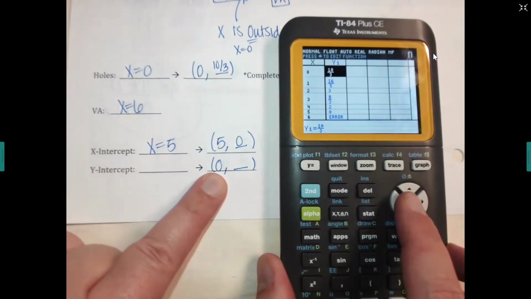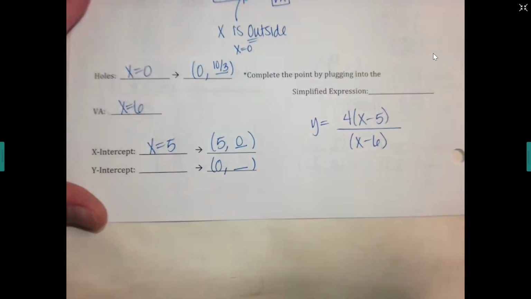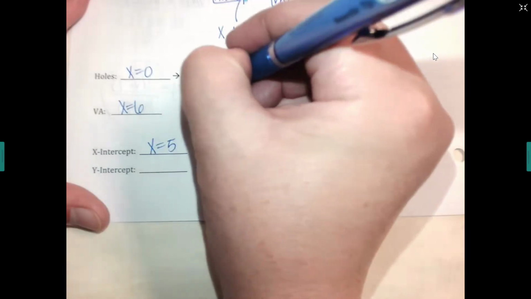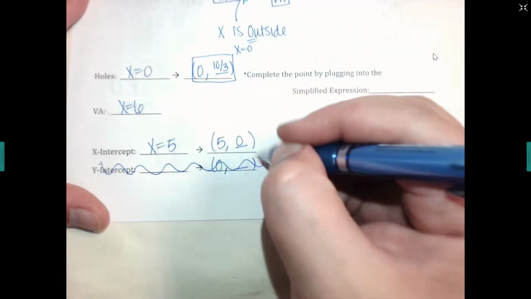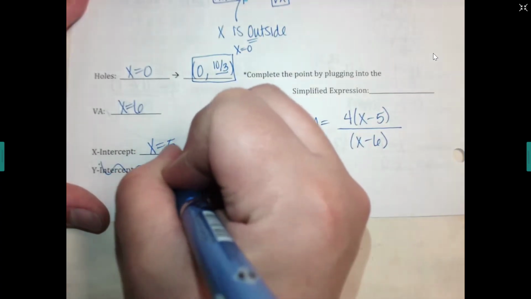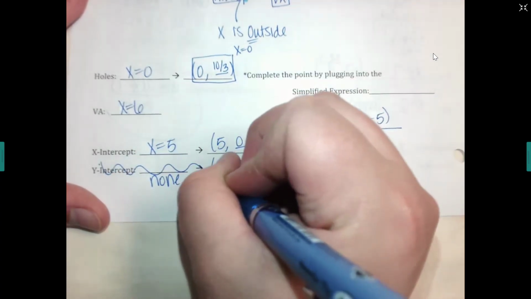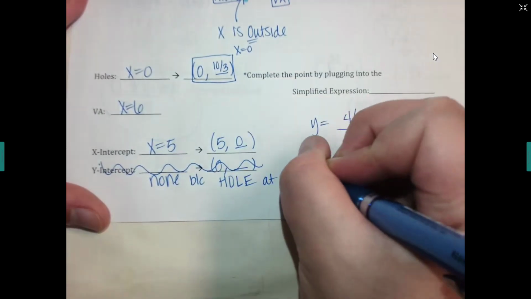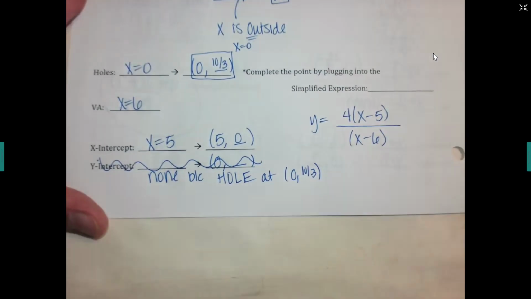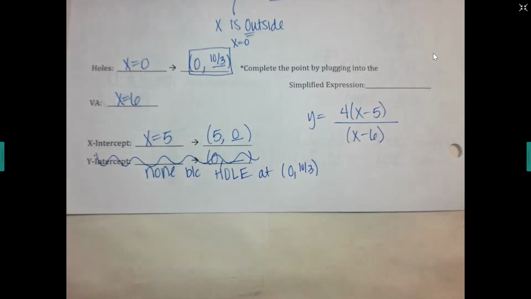Okay, but this is important. If you have a hole in the graph at (0, 10/3), you cannot actually cross the y-intercept there. So I'm going to put none because hole at (0, 10/3). Remember what I told you, that if it's a hole, that pixel is missing.